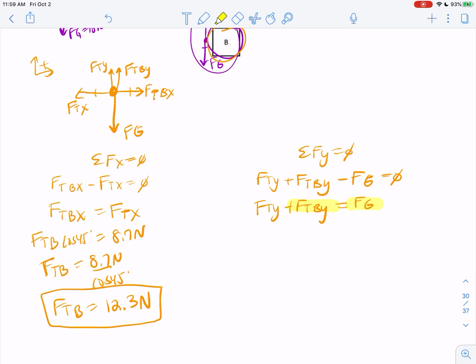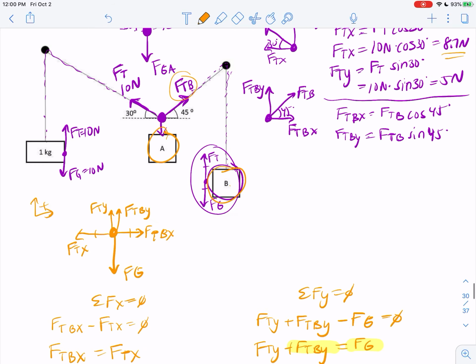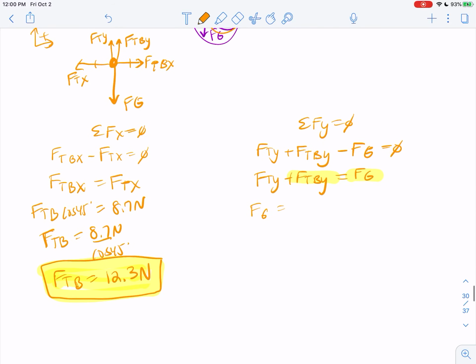All right, so now that I've already figured out what FTB is, then let's just solve this. FTY, I think I already had a number for that, didn't I? FTY was 5 newtons plus FTB sine 45.